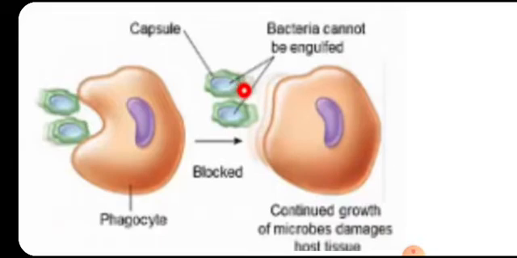So the binding is inhibited, and therefore the bacteria cannot be engulfed. This binding is blocked, and therefore these bacterial cells remain free and can cause infection. We have learned that phagocytic cells are involved in the second line of defense. So this is how bacterial cells escape from the second line of defense mechanism.